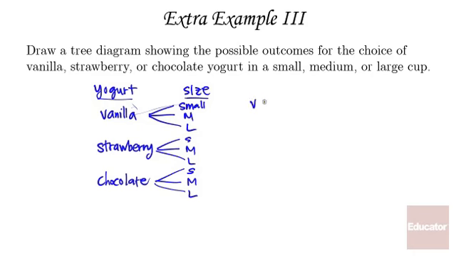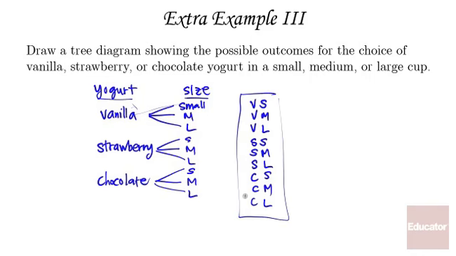Or you can just do vanilla, small. Vanilla, medium. Vanilla yogurt in a large cup. Or strawberry, small, strawberry medium, strawberry large. And then chocolate small, chocolate medium, and chocolate large, right? So these will be your possible outcomes. We have 1, 2, 3, 4, 5, 6, 7, 8, 9.